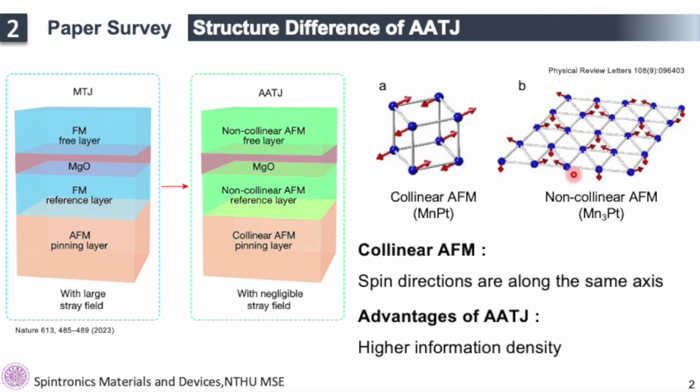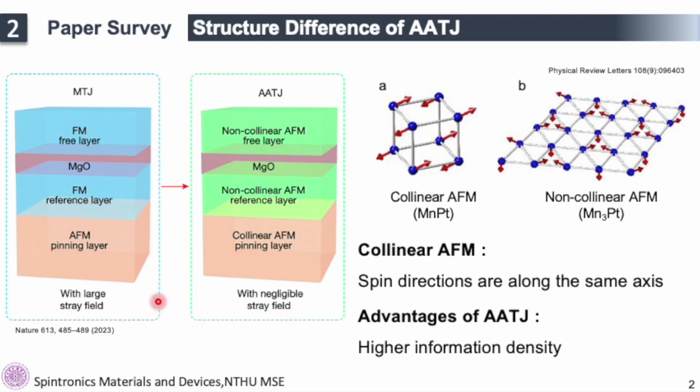That is, these magnetic moments will offset each other. So that is a kind of non-collinear antiferromagnet. And we can control the composition to get collinear or non-collinear antiferromagnet. For instance, Mn2PtPd is collinear, and if we add more Mn to Mn3PtPd, it will become non-collinear AFM.